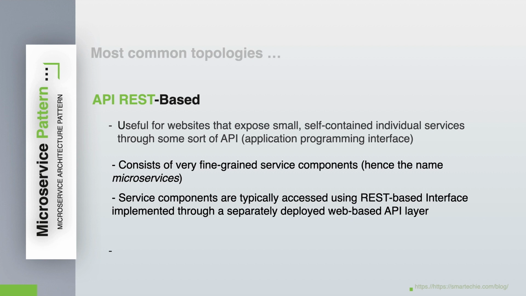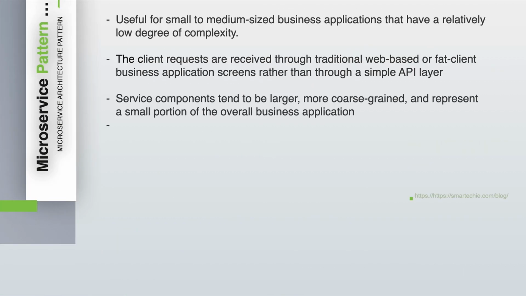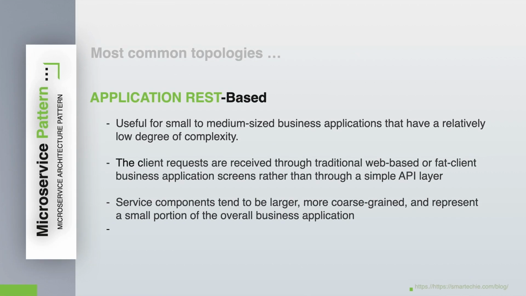On the other hand, the application REST-based topology differs from the API REST-based approach in that client requests are received through traditional web-based or fat-client business application screens rather than through a simple API layer. The user interface layer of the application is deployed as a separate web application that remotely accesses the separately deployed service components through simple REST-based interfaces.